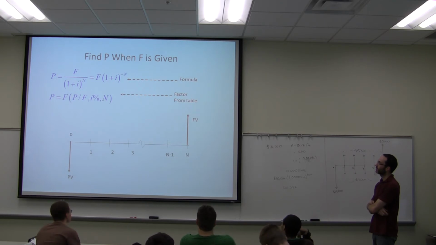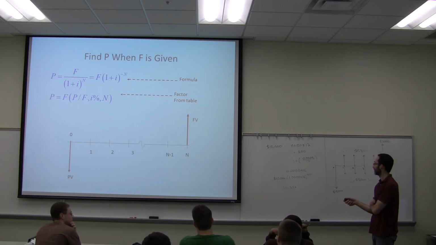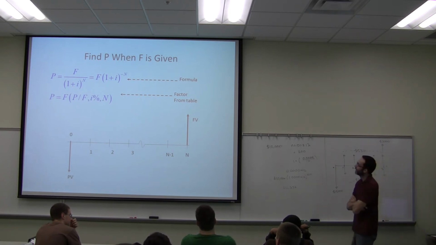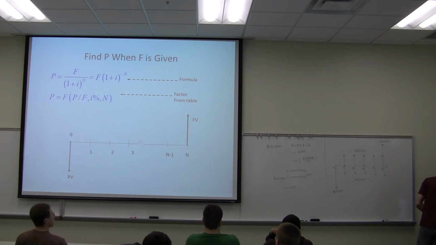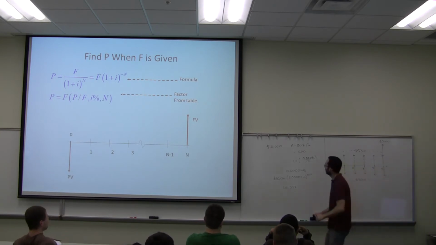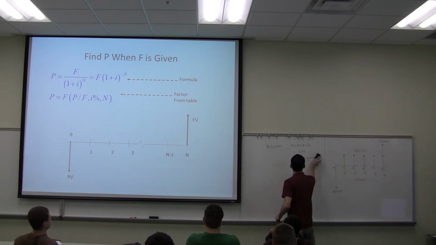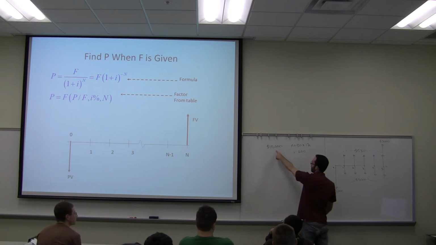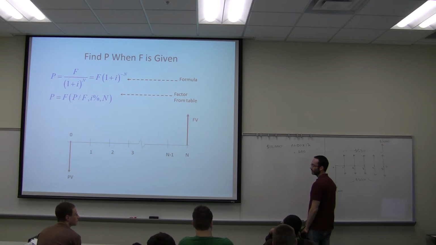Okay, so here's another tool in your toolbox. If you know the future value, this is how you convert it back to the present value. And so 1 plus I to the n power. And so let's say that if I wanted to have $10,000 50 years from now, and these interest rates are bumming me out, really, the 0.05% one's bumming me out.